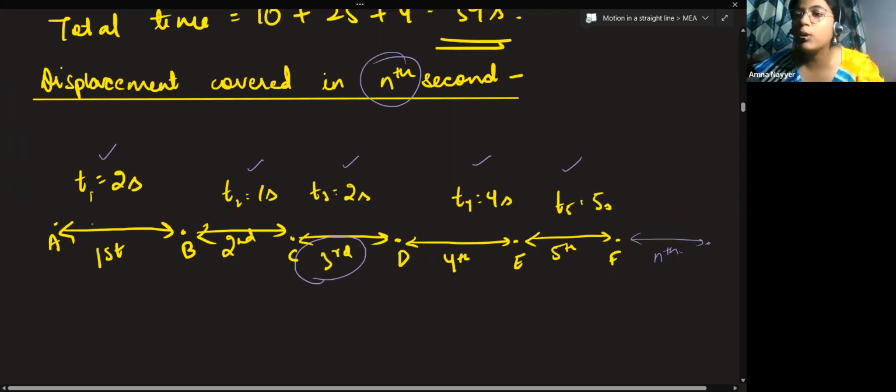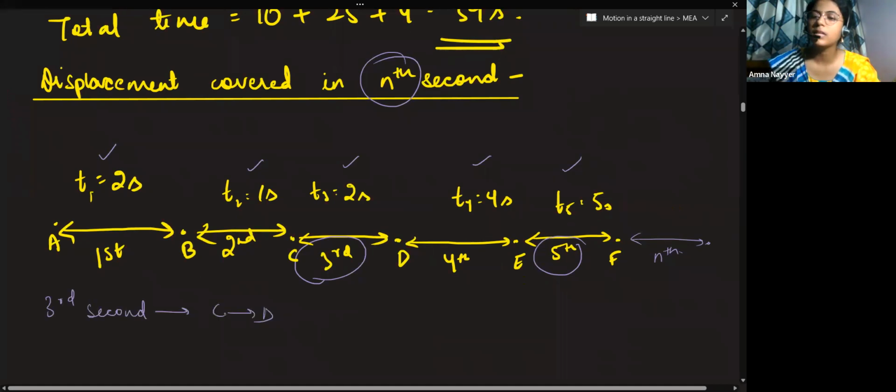For example, if n is equal to 5, that means fifth second, and it becomes the displacement covered from E to F. When I talk about the third second, it becomes the displacement covered from C to D. Similarly, the fifth second is the displacement covered from E to F.